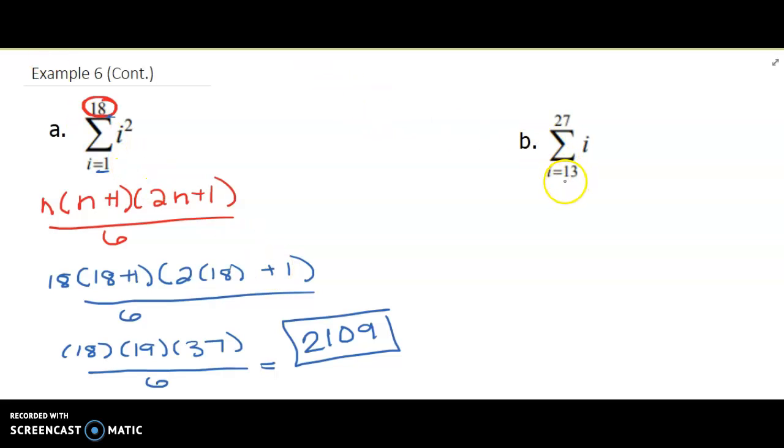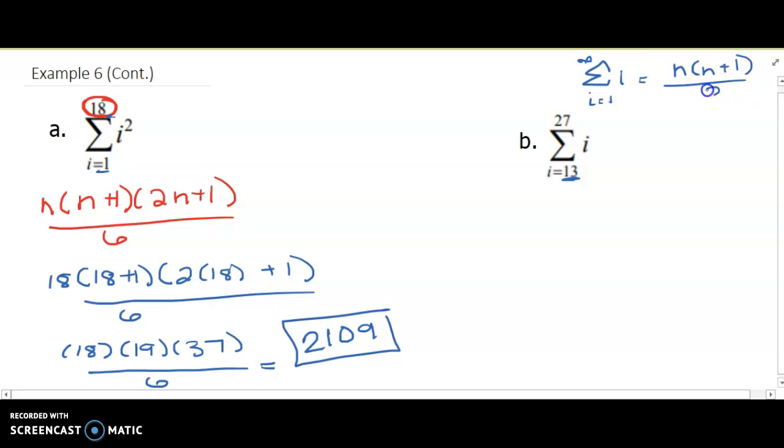Now notice we don't start at 1 here. We have this formula for the sum from i equals 1 to n of i, and that equals n times n plus 1 over 2. But we don't need the first through 12 terms. We only need 13 through 27. So think about it this way.